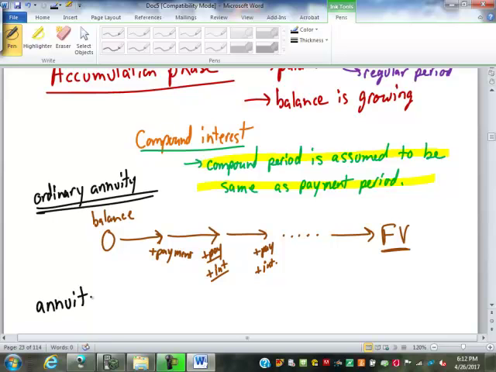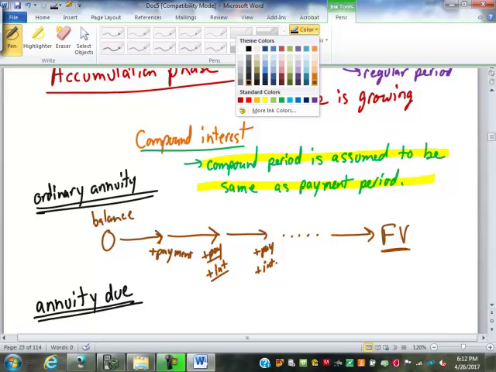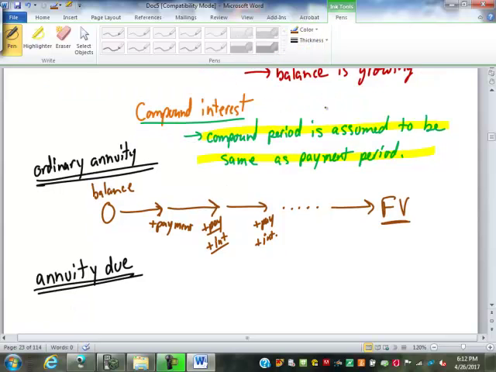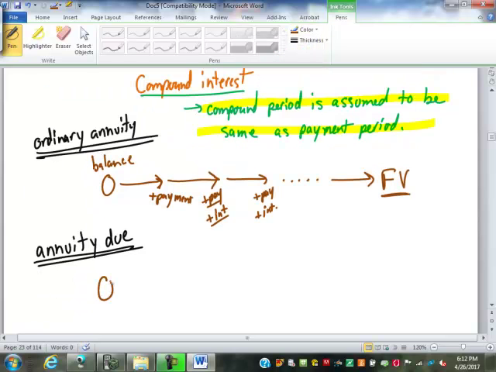Similar to an ordinary annuity is something called an annuity due. An annuity due also starts out with a zero balance. It also has these periods that build up to the future value.